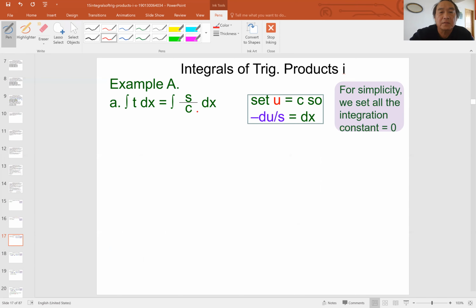Now let's integrate the square formulas. As we mentioned before, we can use the reduction formulas.